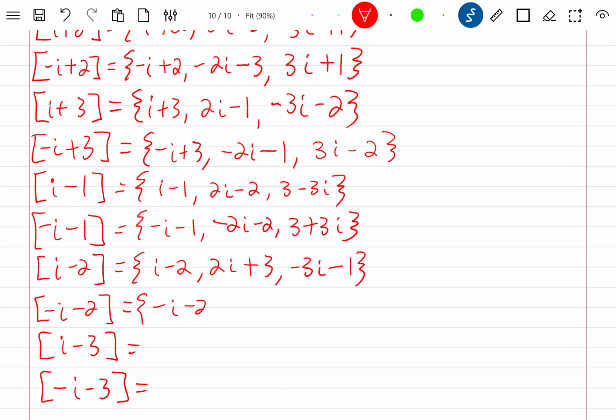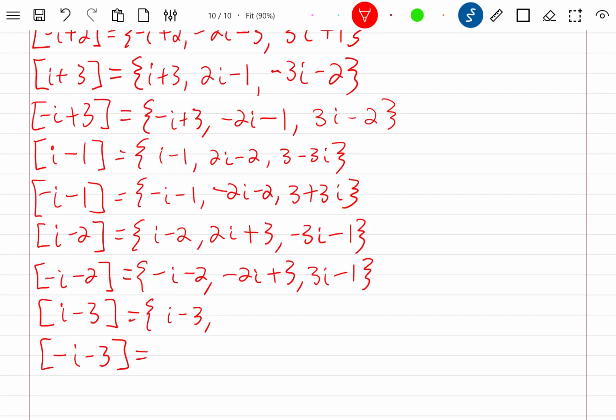Here, multiply by 1, multiply by 2 should give me negative 2i plus 3. And then multiply by negative 3, so I should get 3i minus 1. If I multiply this by 2, I should get 2i minus 6, which is the same as plus 1.